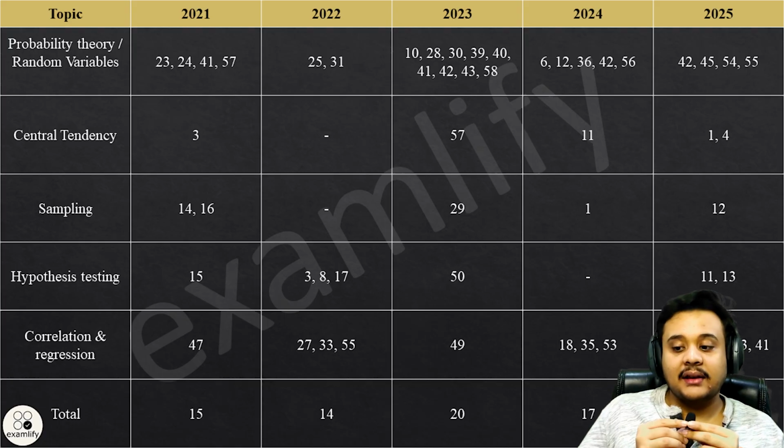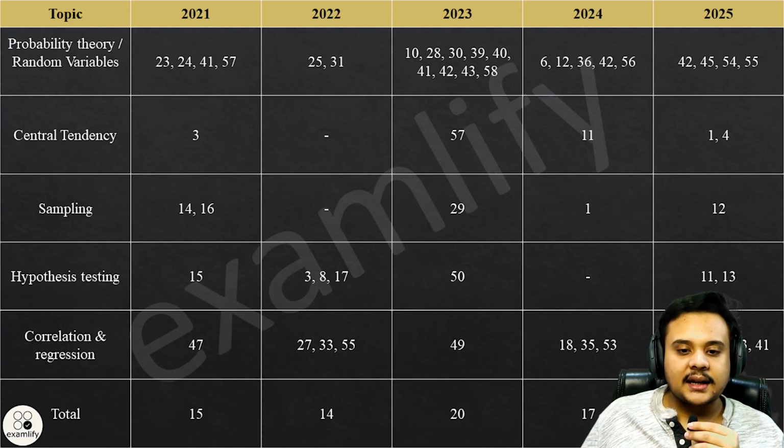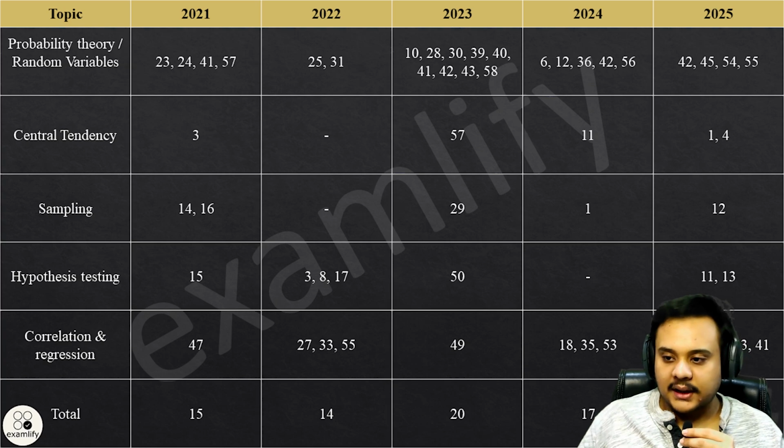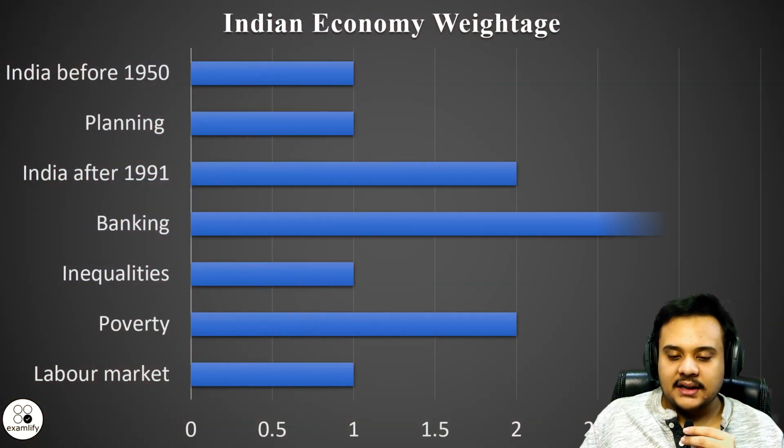In 2025, look at the number of questions, there were 5 of them. Correlation regression is definitely more important than the other two parts, which are sampling and hypothesis testing, but lesser than probability. Okay. So moving on to the Indian economy weightage.